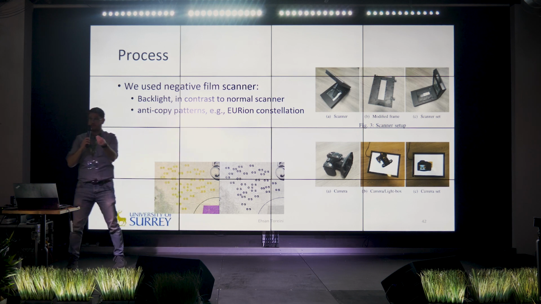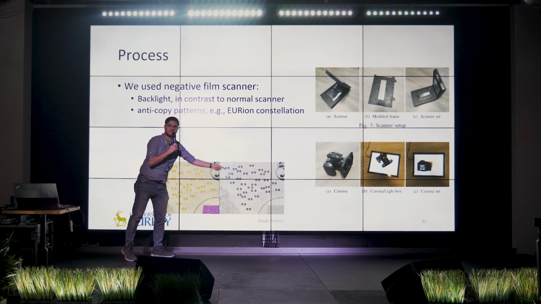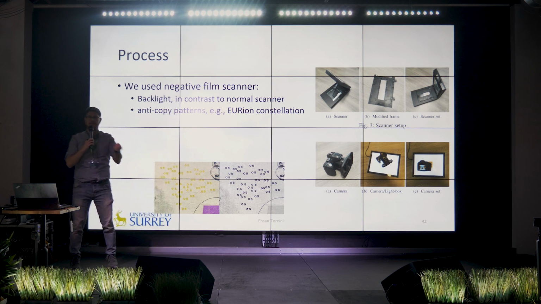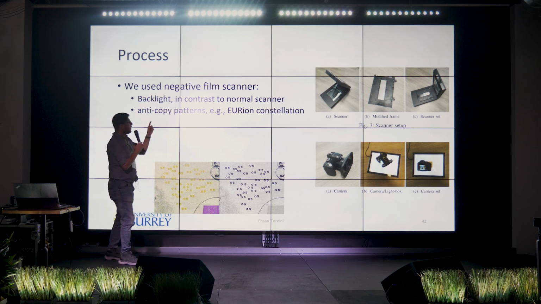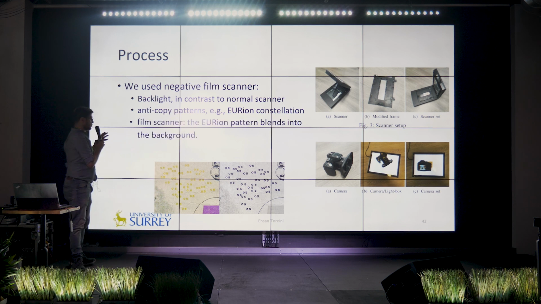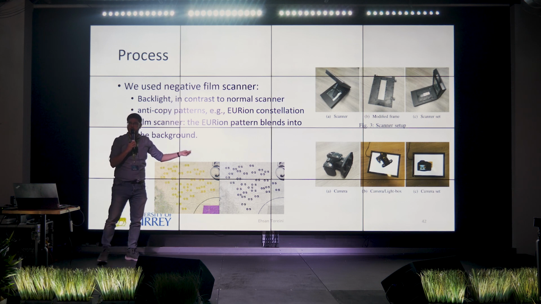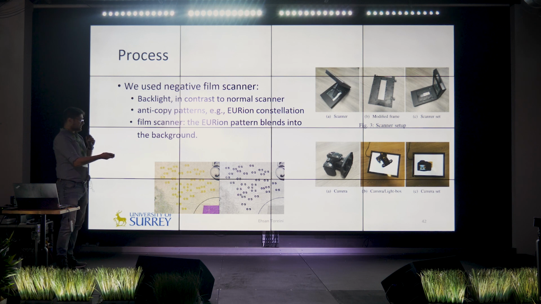What it does is, if you want to scan a banknote and the scanner sees these patterns, then it will stop the scanning. So basically that means you cannot scan a banknote because of these protections. But if you use negative film scanners, they will blend into the body, and you can scan a banknote by looking into that negative film. And that was exactly what we did.